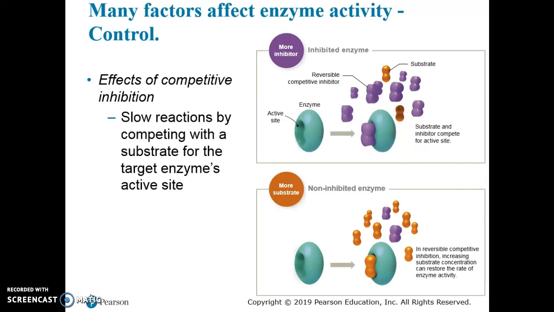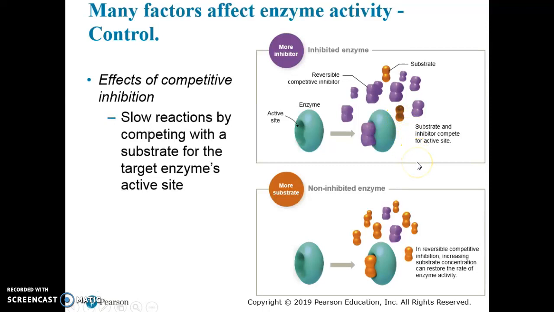All right, and what you see here in the top panel is competitive inhibition, where you have the active site of the enzyme, and then this orange dude is the substrate. The substrate is supposed to fit into the active site in order to break apart and have the individual products.